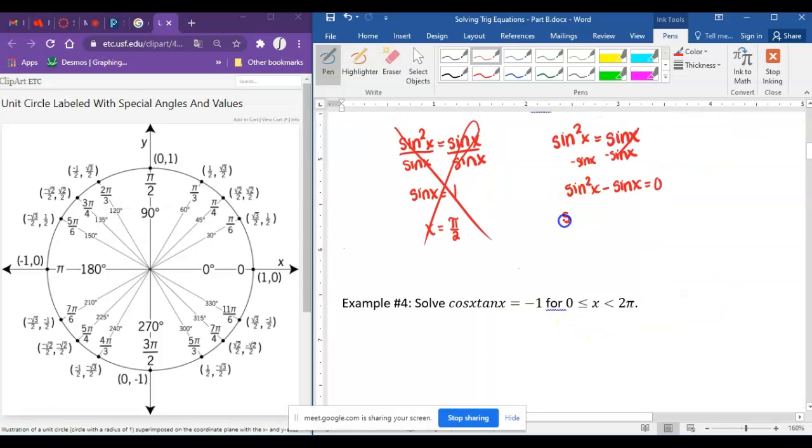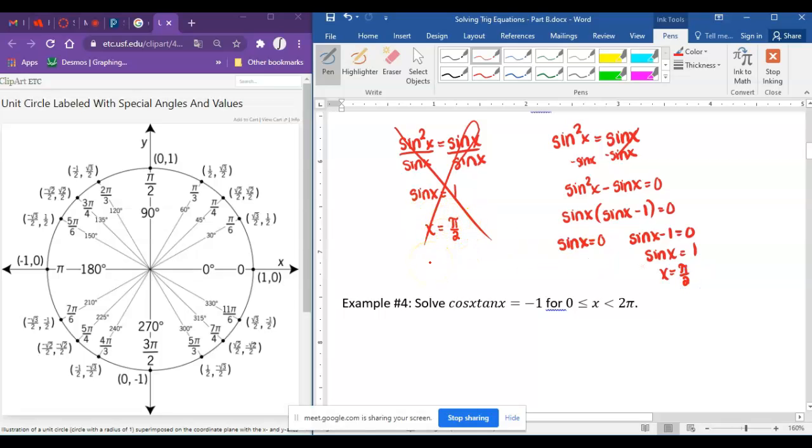So we could pull out a sine x. And so we'd have sine x minus 1 here inside of the parentheses. So we would get sine of x would equal 0. And we'd also get sine x minus 1 equals 0. What you see right here with sine x minus 1 equals 0, that gives you sine x equals 1, which the answer for that part is pi over 2, like we were doing over here.